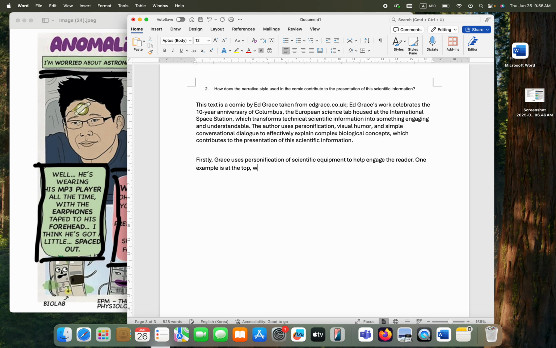At the top, where Biolab, who is a good guy, because he is in green, representing peace, nature, and freshness, is expressing his concern for this dude, Ashraf Kanai, by saying I'm worried about astronaut Kanai, right?